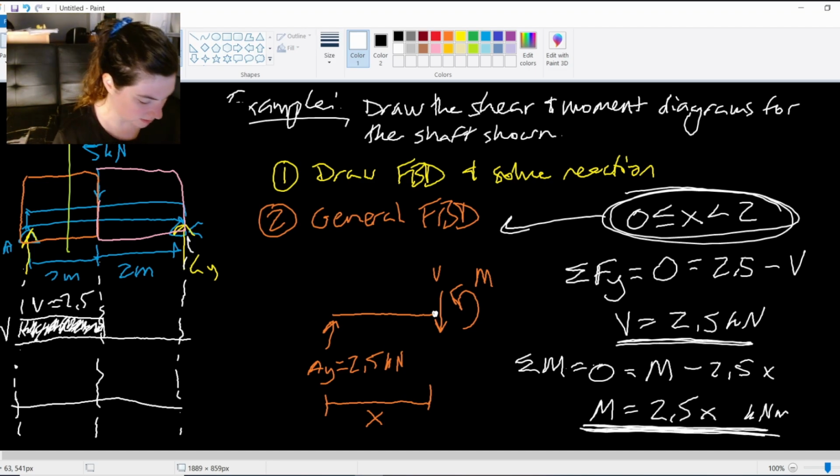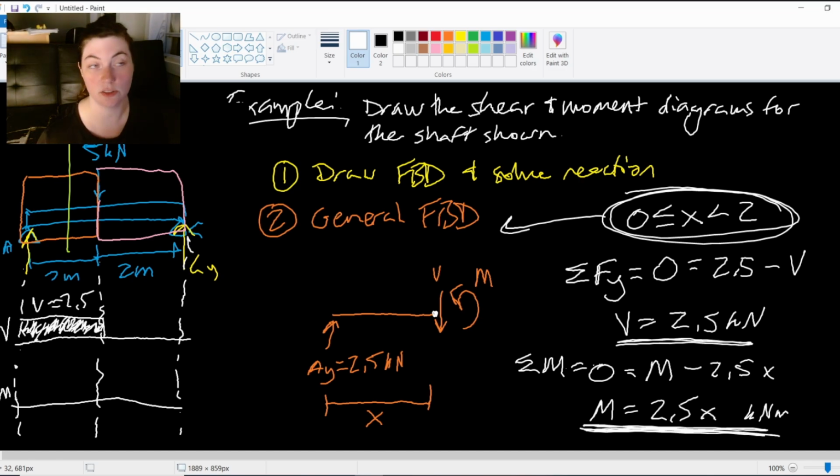And my moment for that region is 2.5 times x. So that's an actual function, right? So from 0 to 2 is 2.5x. If you plug 0 into that equation, you get 0. If you plug in 1, you get 2.5. If you plug 2 into that equation, you get 5.